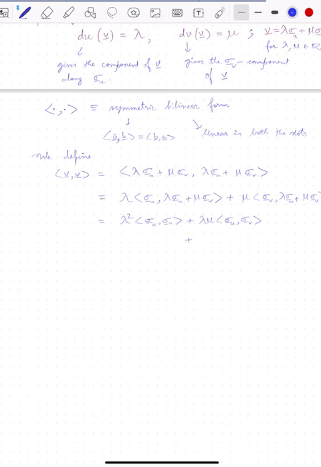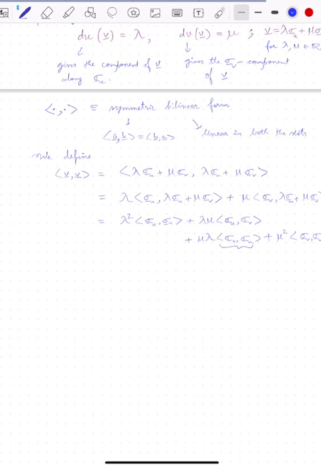now let's expand it along the second slot, or the second argument of this inner product. So we'll have mu into lambda, and then sigma v, comma sigma u, plus, then we'll have mu into mu squared, then we have sigma v, comma sigma v. So here we have this term as well as this term. Then we invoke the symmetricity of this bilinear form, right?